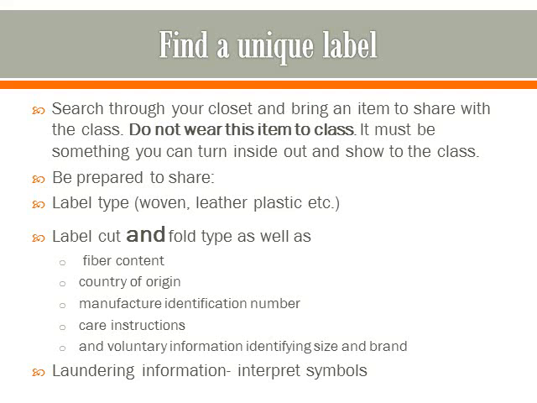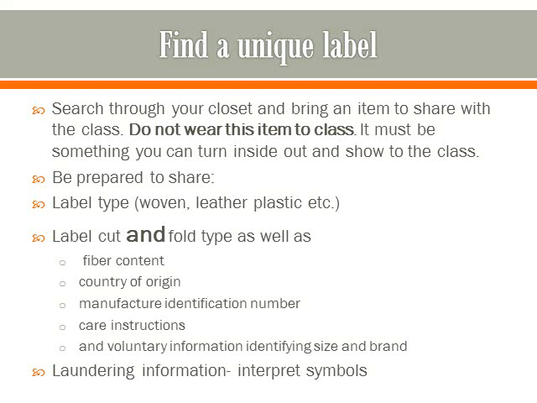Okay, for class on Wednesday the 23rd, I want you to go through your closet and bring an item with a unique label to share with the class. Don't wear this item to class because in order to show the labels, you'll have to turn it inside out. And I want you to be prepared to share the label type. Is it woven? Is it leather? Is it plastic?